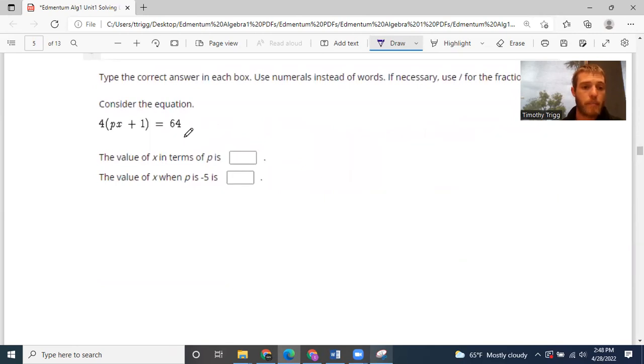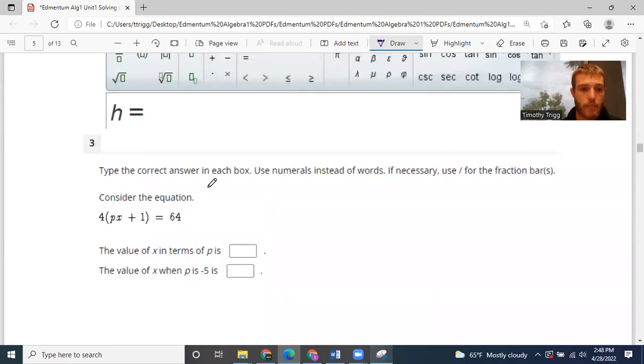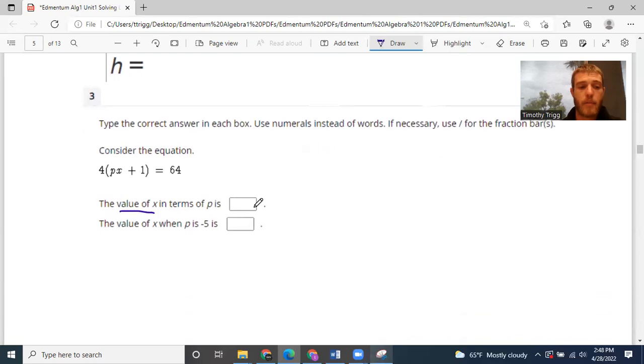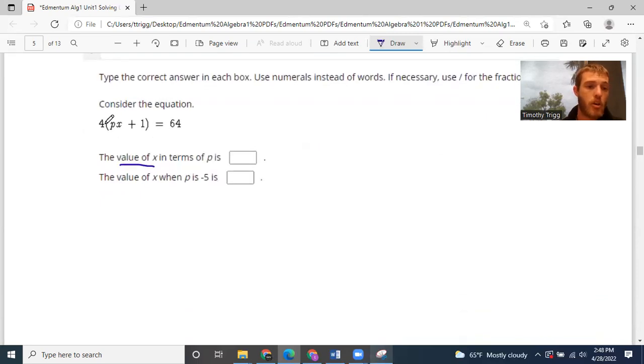Okay, for this one, find the value of X in terms of P. So we want to solve for X. Notice the 4 is a factor of this side over here, so we can divide by 4 on both sides of the equation, giving us P times X plus 1 equals 64 divided by 4. I believe that's 16. Yep, 16.